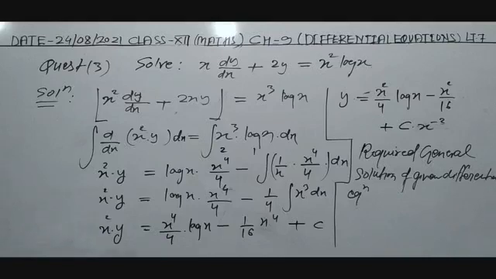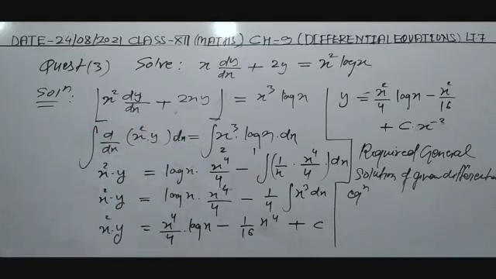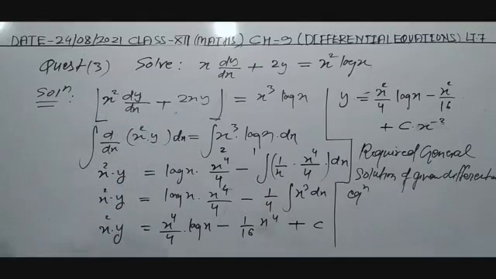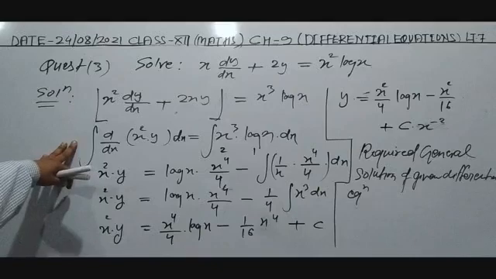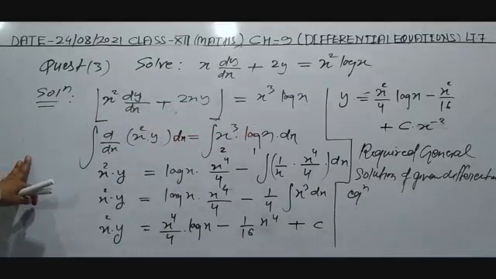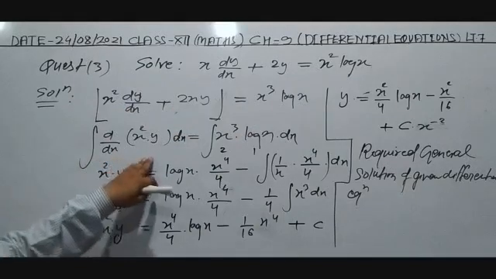Now we have to multiply the integrating factor in the main equation. When you multiply the integrating factor in the main equation in the form dy by dx plus py is equal to q, you will get this type of expression. Now we have to integrate the right hand side, and the left hand side will be the single derivative, d by dx of x square y.